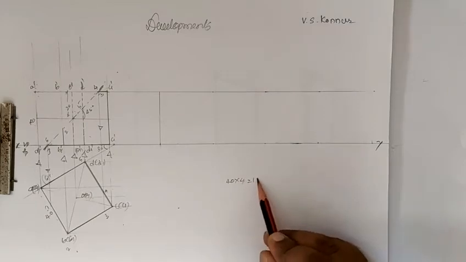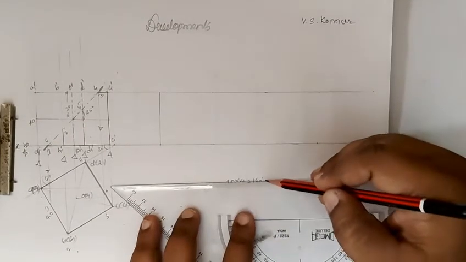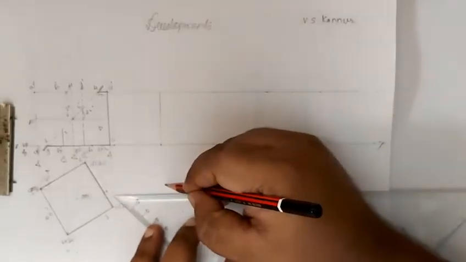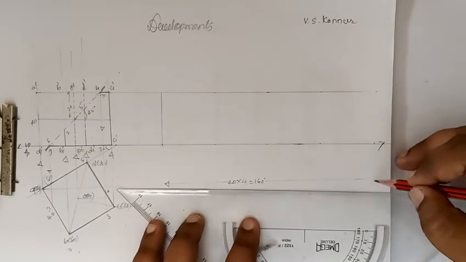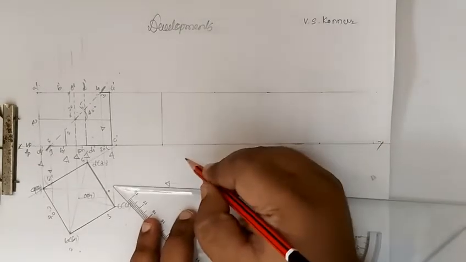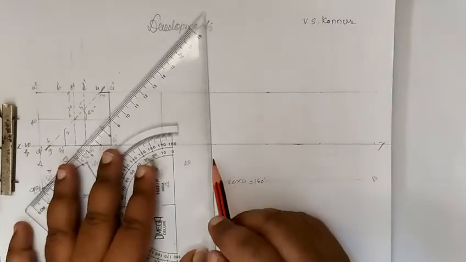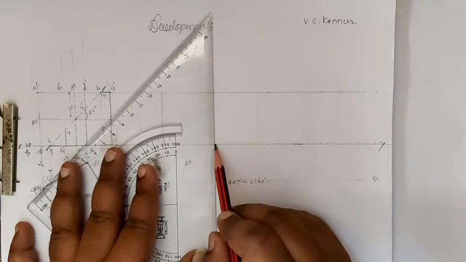So the total distance is 160. One block is 40. Divide each block by 40, and you have to draw with a thin line. Later on, in construction, we will make it dark.